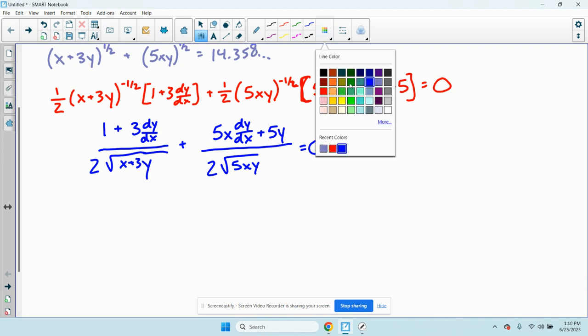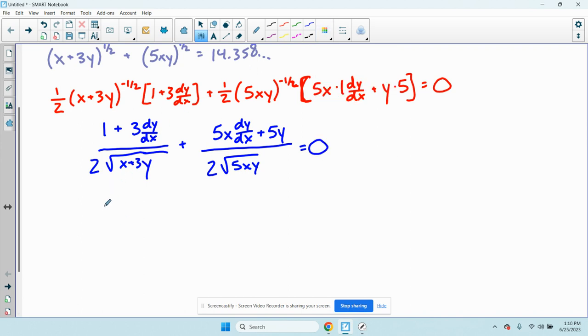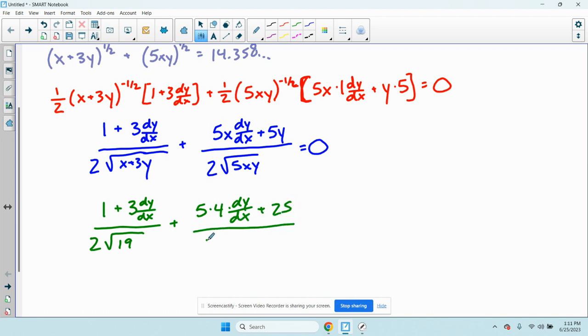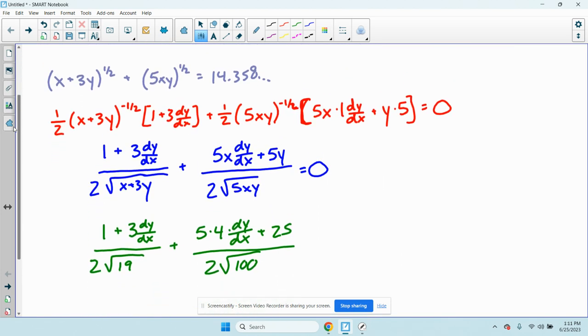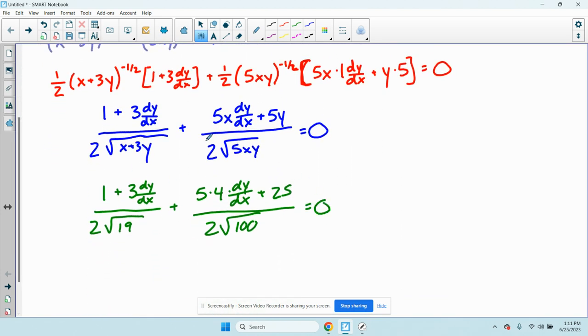If x is 4 and y is 5, I get (1 plus 3 dy/dx) over 2 times the square root of 4 plus 15, this is 19, plus (5 times 4 times dy/dx, plus 5 times 5 is 25), all over 2 times the square root of 5 times 4 times 5. I think that's 100. Equals 0.